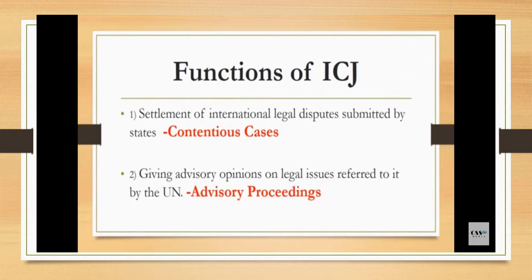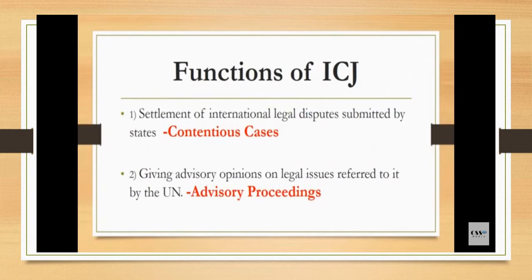So India submitted a legal dispute, or we can say a legal document, in the International Court of Justice about its authority on that particular area, and then the International Court of Justice decided that case according to the rules and laws of the International Court of Justice. So these are basically known as contentious cases.